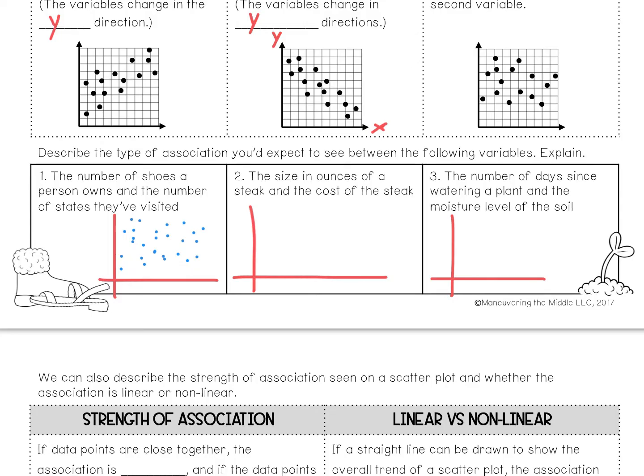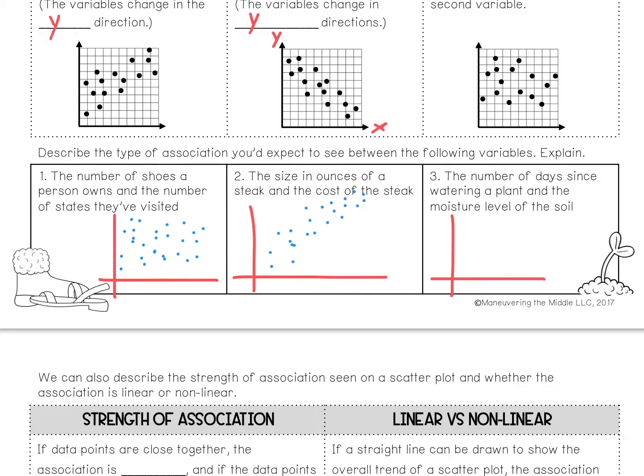Okay, what about the size in ounces of a steak and the cost of the steak? In general, at different places the steaks may cost different amounts, but the smaller it is, the less it's going to cost, and the bigger it is, the more it will cost. What about number of days since watering a plant and the moisture level of the soil?